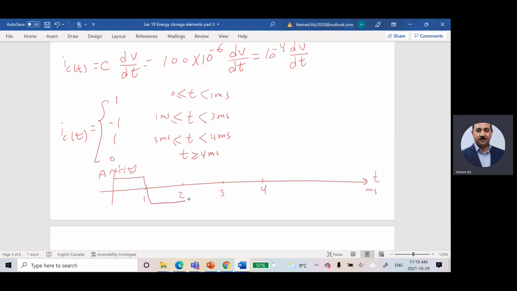Oh, I'm sorry, this is 1 to 3. You are right. Between 3 to 4, it is 1. And after that, it is 0. So this is 1 and this is negative 1. This will be your result for the current.